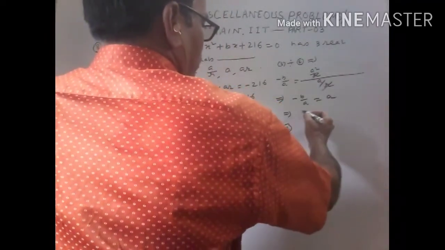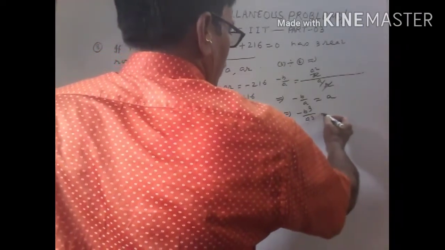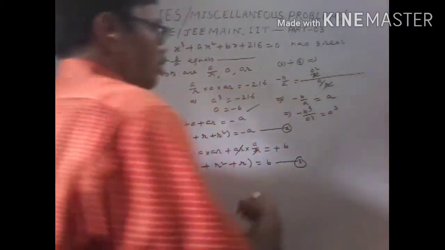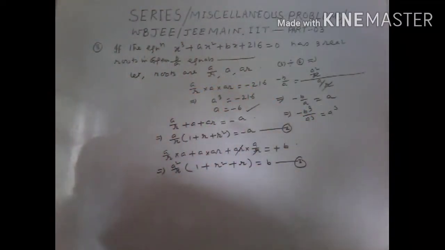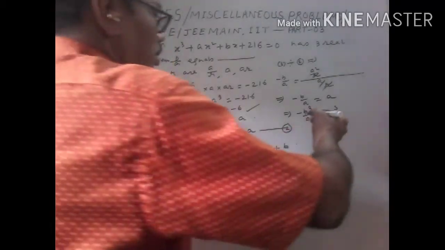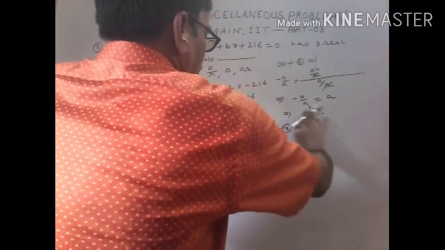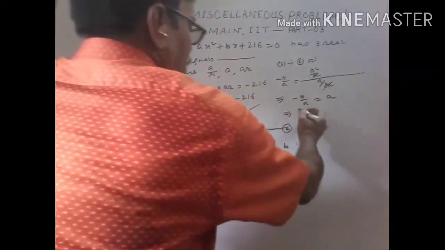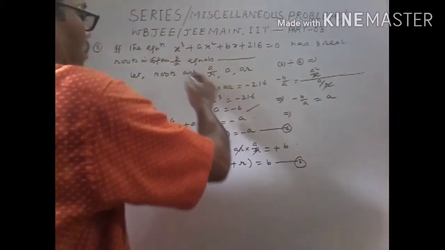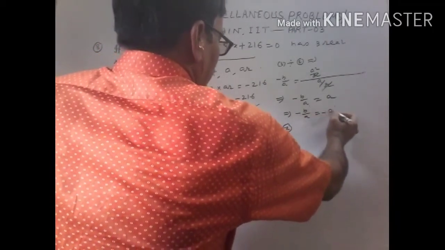So minus b cube by a cube equals a cube. What is a cube? A cube equals minus b by a. So minus b by a, we need minus b by a, equals minus a.